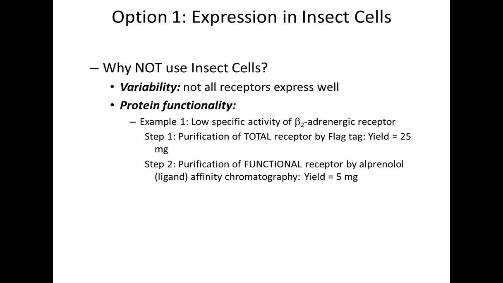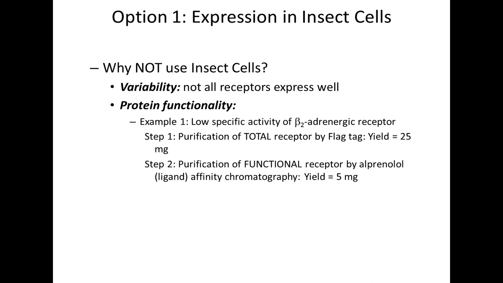One example we have listed here is the beta-2 adrenergic receptor. We usually express this receptor in SF9 cells and purify it. The expression yields about 25 milligrams, for example, from 6 liters.